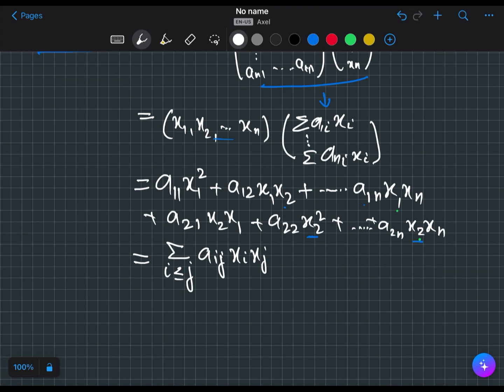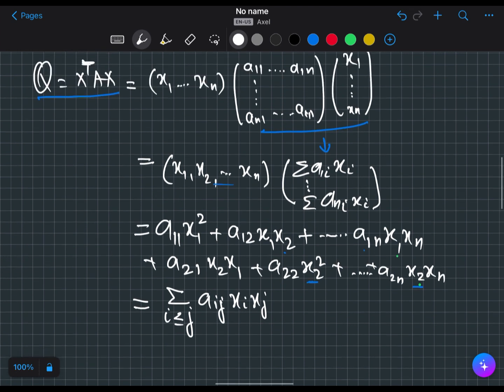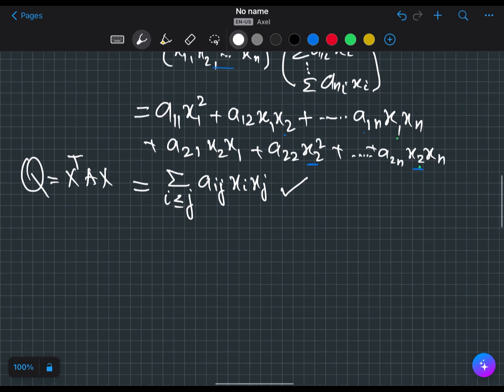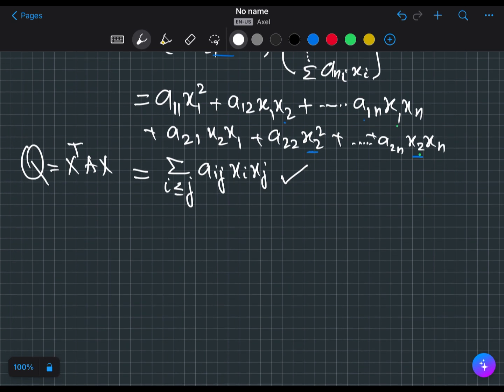So from this, which we call the quadratic form in terms of a matrix, we get an expression in terms of the elements of the matrix A and the vector x.